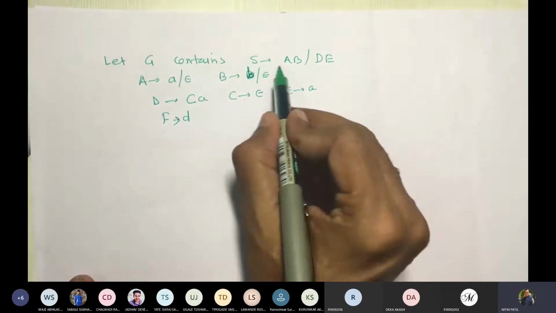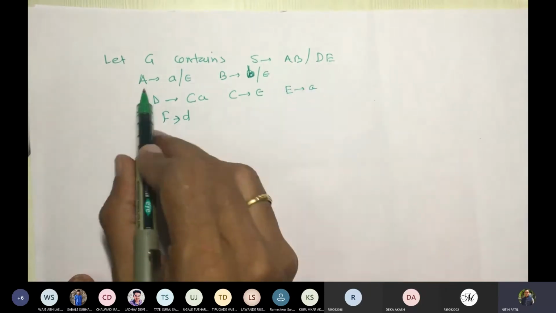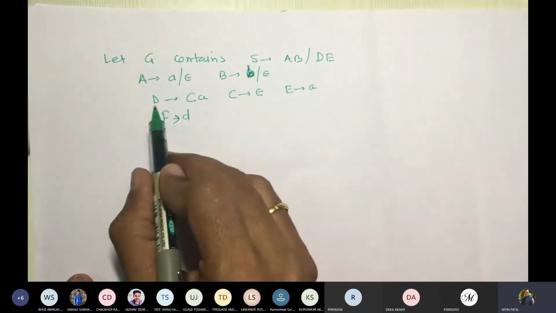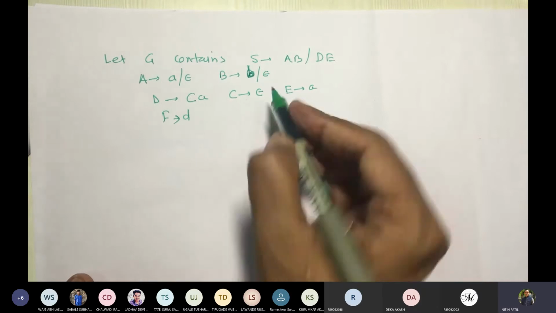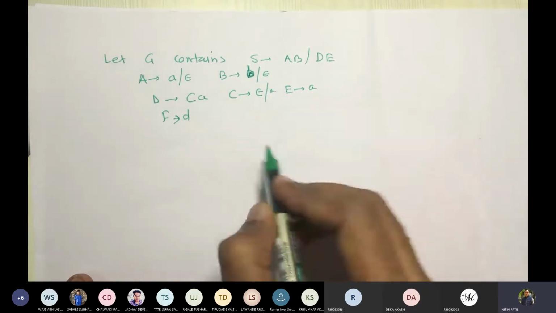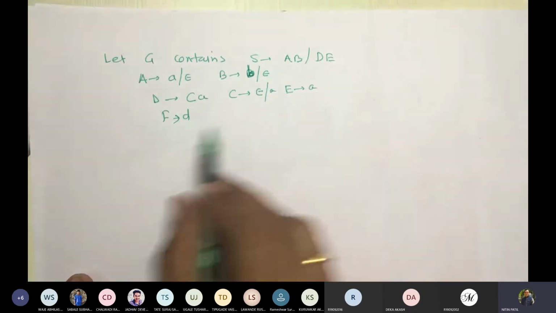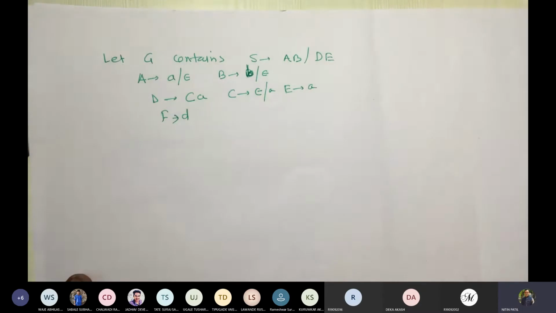I will repeat. S gives AB, S gives DE, A gives A epsilon, B gives B epsilon, D gives CA, C gives epsilon, and we will introduce A even, and E gives A, F gives D.